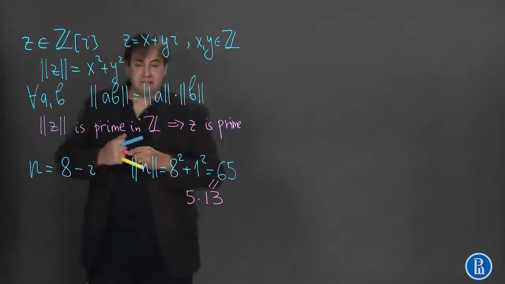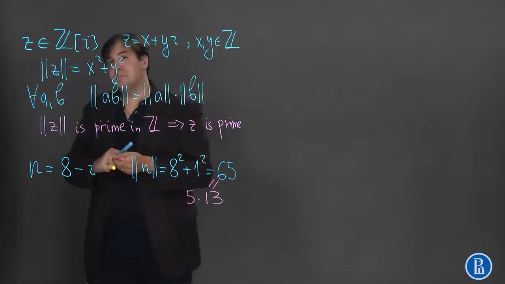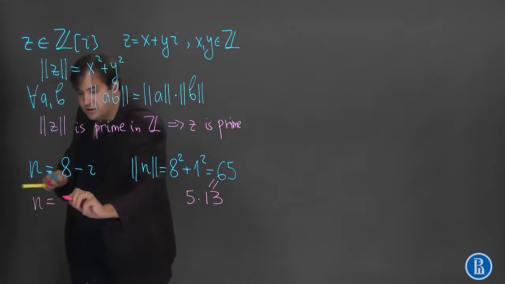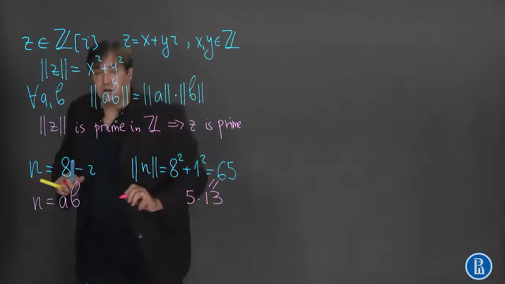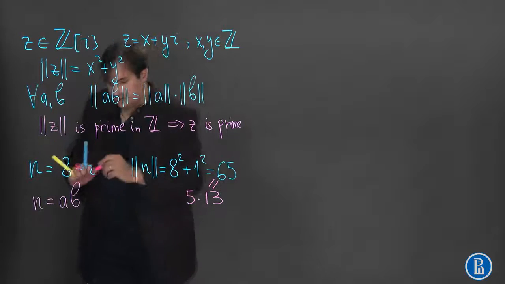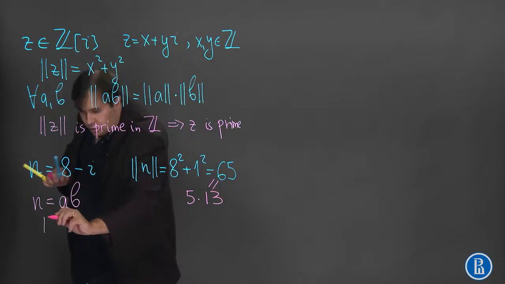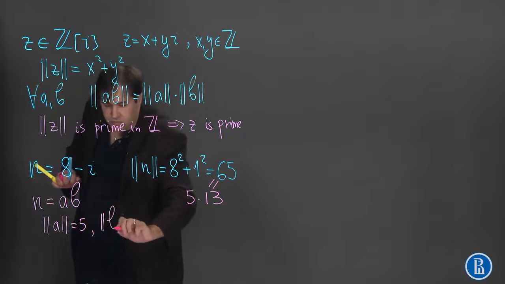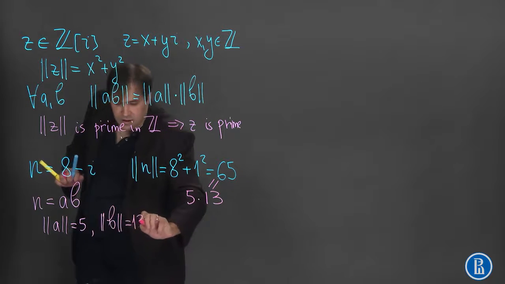But this means that we should look for a decomposition of n into factors, norms of which are equal to 5 and 13. So let's suppose that the norm of A is equal to 5 and the norm of B is equal to 13.